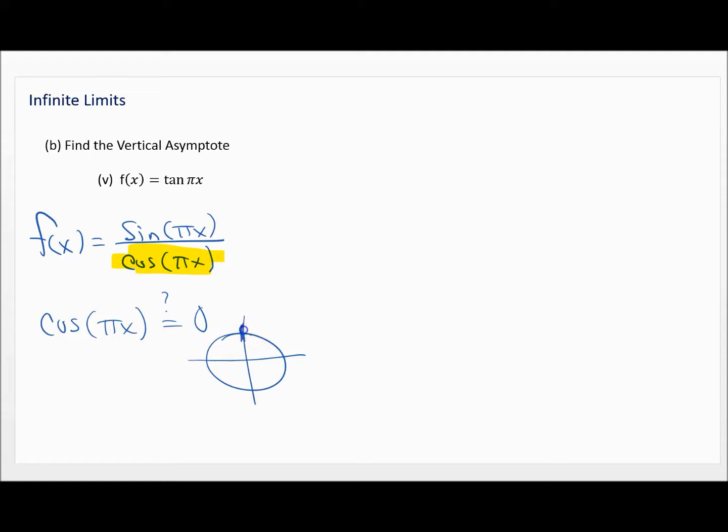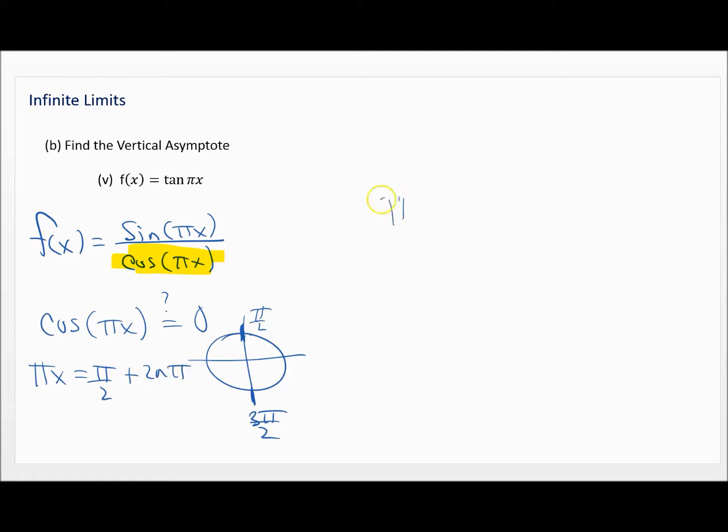That happens up here, remember, at pi over 2, and down here at 3 pi over 2, okay? So now I set pi x equal to pi over 2, and I set pi x equal to 3 pi over 2, and I really am supposed to add all the times this could happen. I didn't leave myself enough room for that. Because remember, you have to add 2n pi to that.